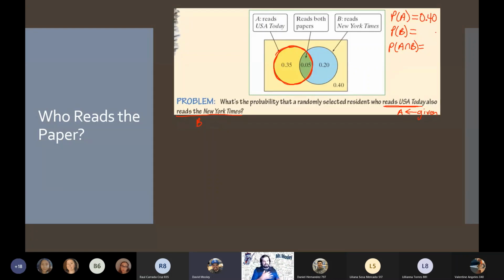And this is why I picked this example, because you'll see examples like this that are kind of purposely misleading. Okay, this 0.05 belongs to the USA Today, and it also belongs to the New York Times. So the probability of B is 0.25. Right? Which then, A and B, the intersection, is that 0.05.